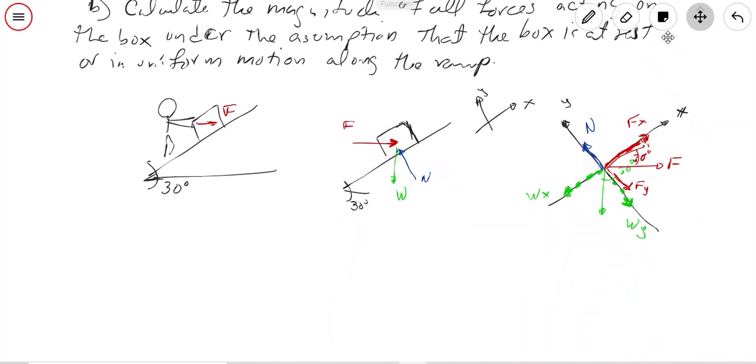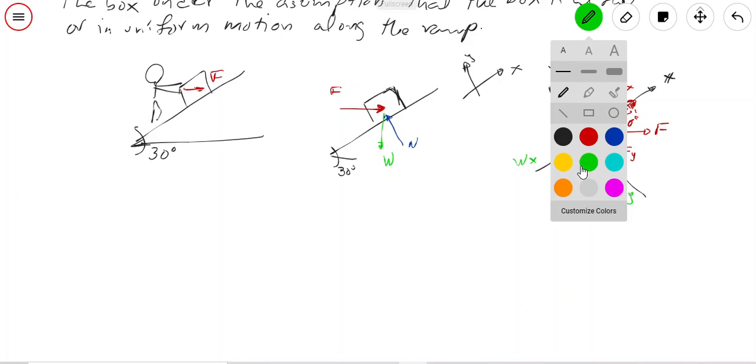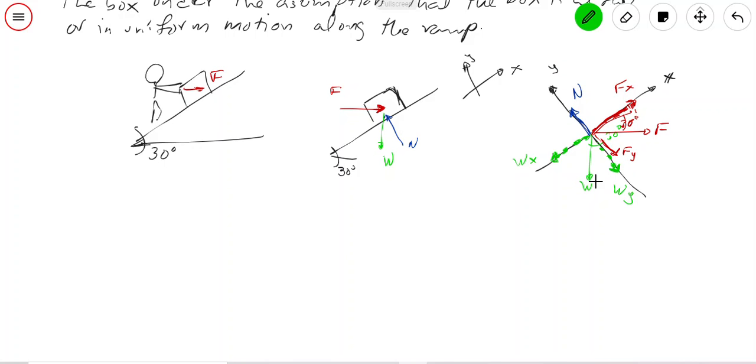So I can say now here that Wy, there is this component over here, is adjacent to the angle of 30 degrees. Remember that this here is the weight, and this is the angle of 30 degrees. So Wy is adjacent side to the angle of 30 degrees.